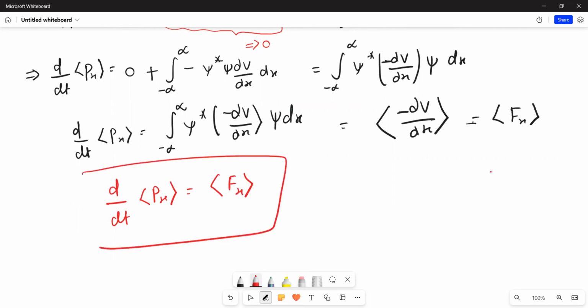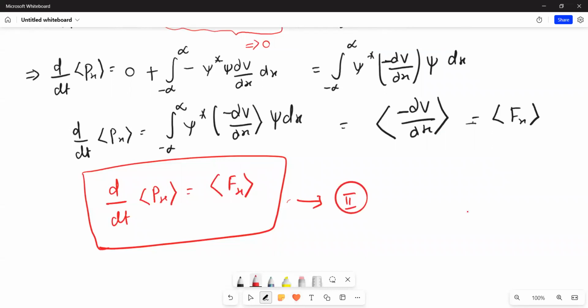Hence, as per Newton's second law, we are getting similar results in quantum mechanics: d by dt of the expectation value of px is equivalent to the expectation value of Fx. Hence, we proved both equations. This is the second Ehrenfest theorem.